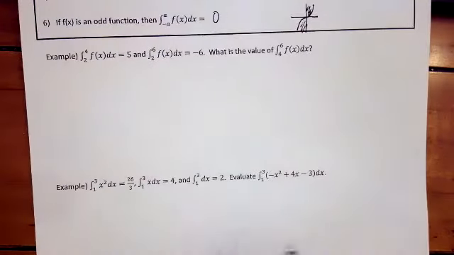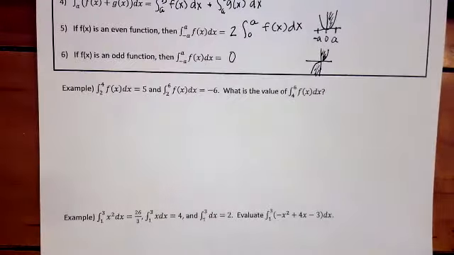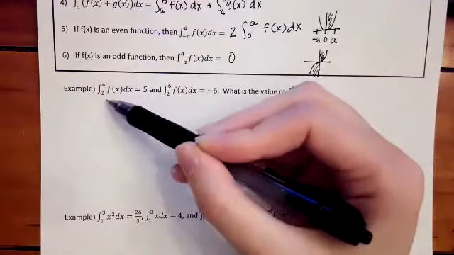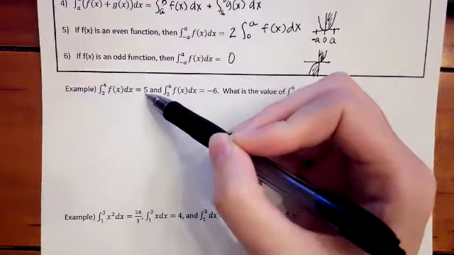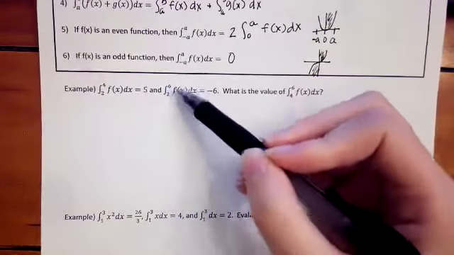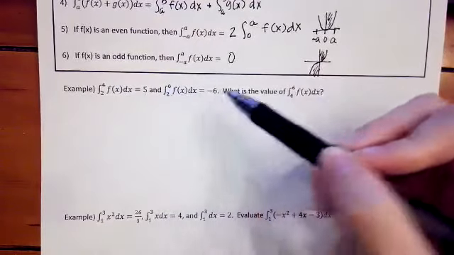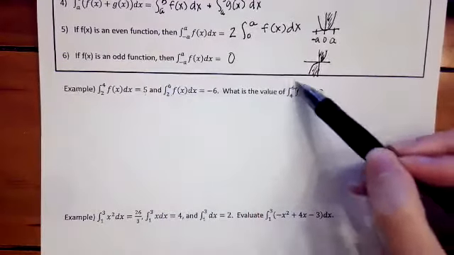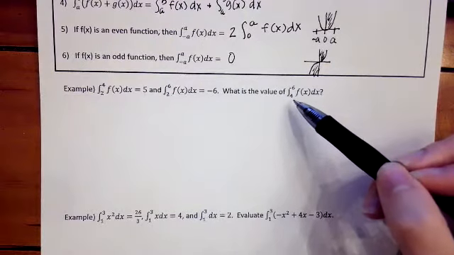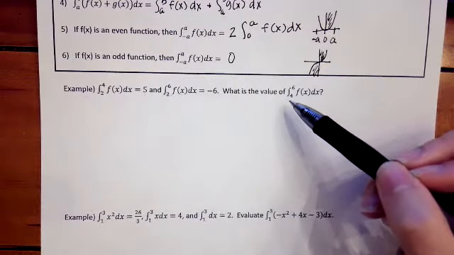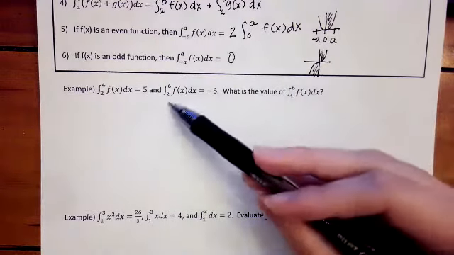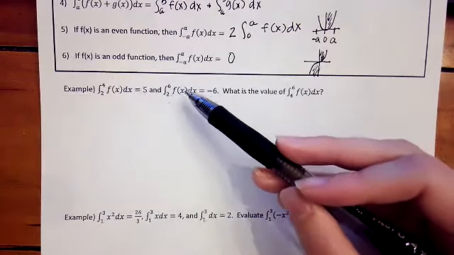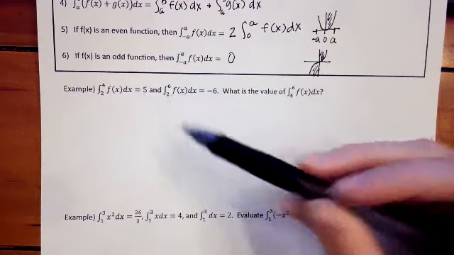But if we are looking at these last 2 examples, we are given that the area from 2 to 4 of f of x is 5. The area from 2 to 6 of f of x is negative 6. We want to find the area between 4 and 6. So if we're thinking about this, 2 to 6 is our biggest space, okay?